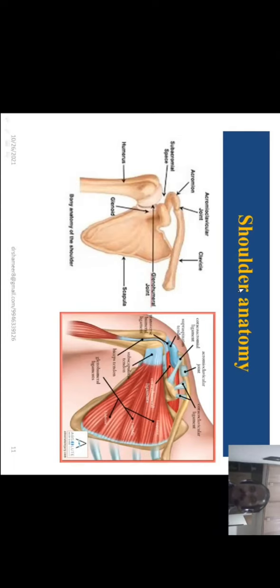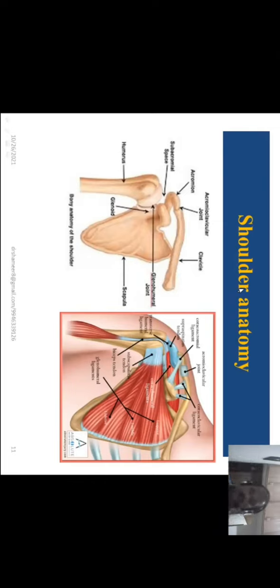That means it controls because there is a shallow glenoid cavity and a large humeral head, and it is statically stabilized by the glenoid labrum, the joint capsule, and the superior, middle and inferior glenohumeral ligaments. For dynamic stability, it is supported by the rotator cuff muscles, the supraspinatus, infraspinatus, teres minor, and subscapularis, for the mobility of the shoulder.